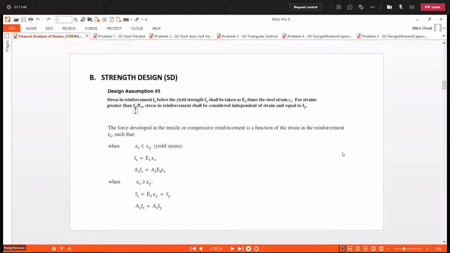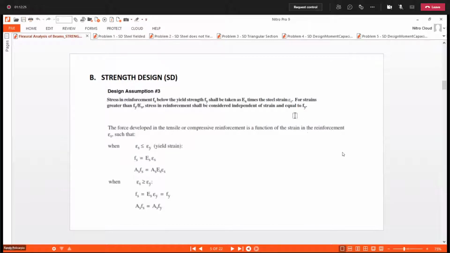When we consider the yield strain in the steel, that is already the maximum yield strain in our steel. Remember, as I told you earlier, when we consider the stress in the steel, it is only Fy, so you will not go beyond that. It is limited to Fy. So it says here, stress in the reinforcement shall be considered independent of strain and equal to Fy.